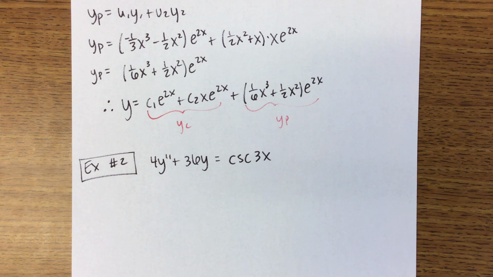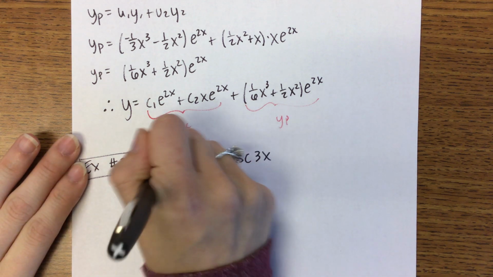No, why not? We don't know how to annihilate cosecant of 3x. So this shows you that the annihilator approach has some limitations. Variation of parameters will always work. So we're going to have to use variation of parameters here.